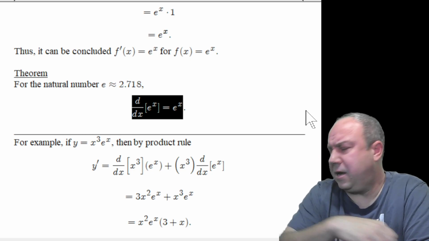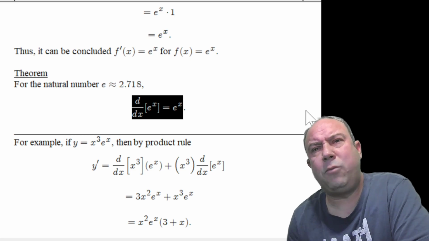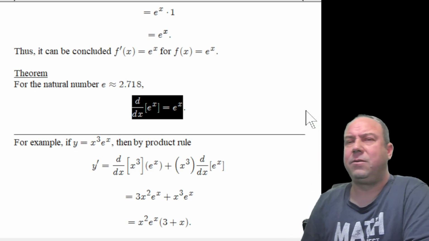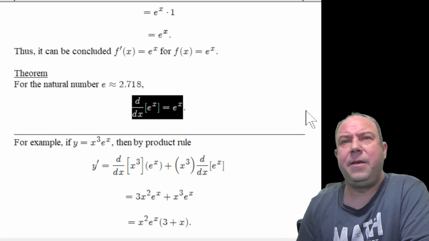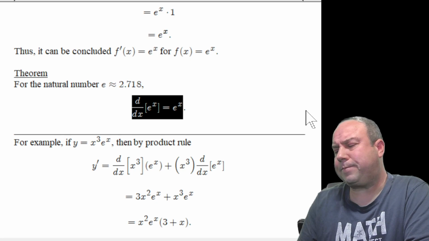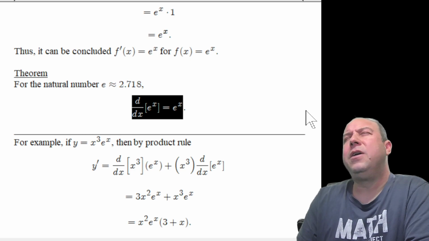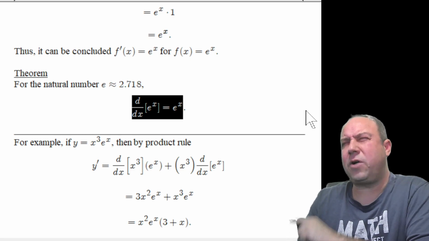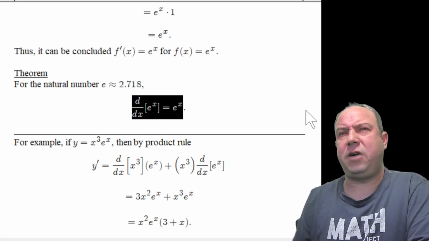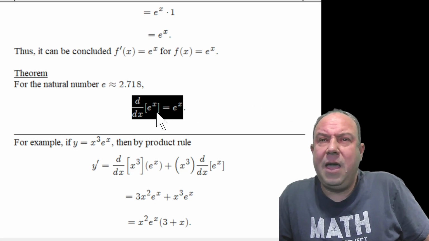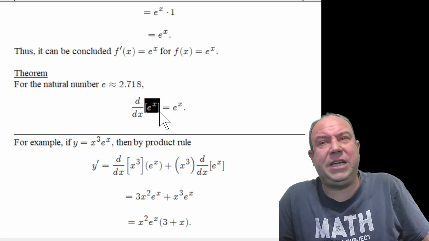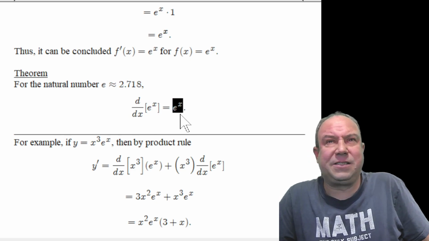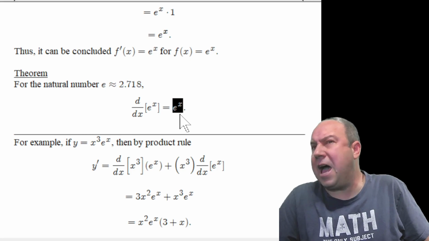And this will make a little bit more sense as we continue our study and start to learn that derivatives describe instantaneous rate of change in our function. What this is saying is that the instantaneous rate of change in our function e to the x is described by e to the x.